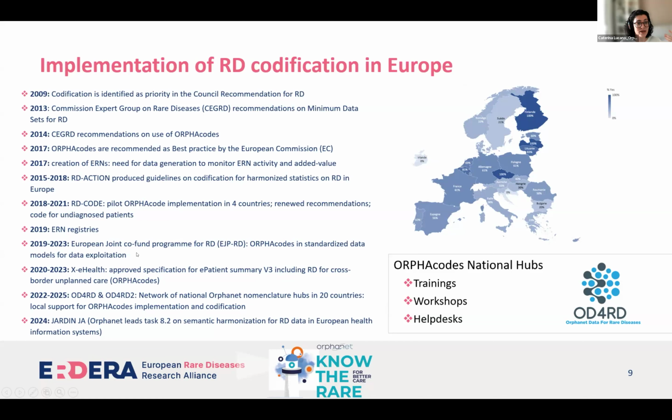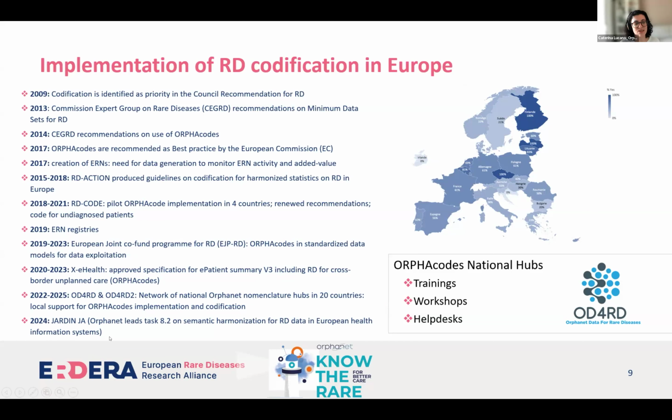And then little by little, we now have these projects, OD4RD and OD4RD2, in which we have established a network of national Orphanet nomenclature hubs in 20 countries. In these 20 countries, we provide trainings on the use of ORPHA codes, workshops, and a help desk for helping with codification with ORPHA codes.